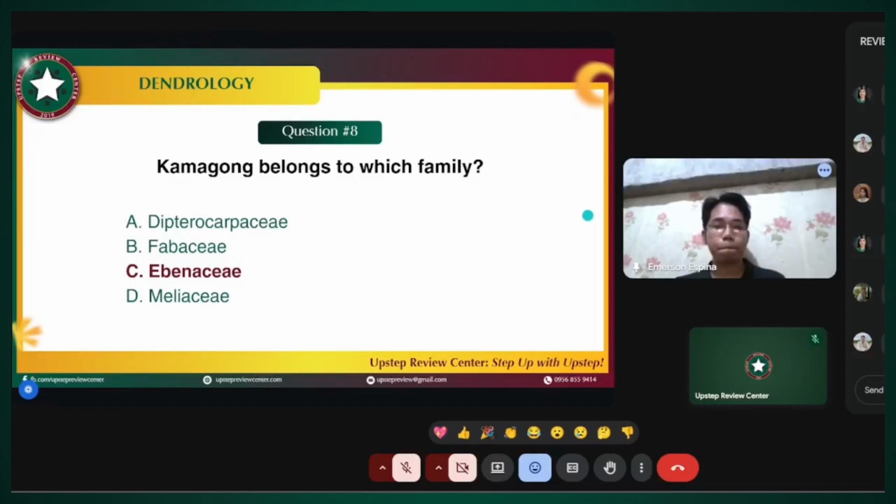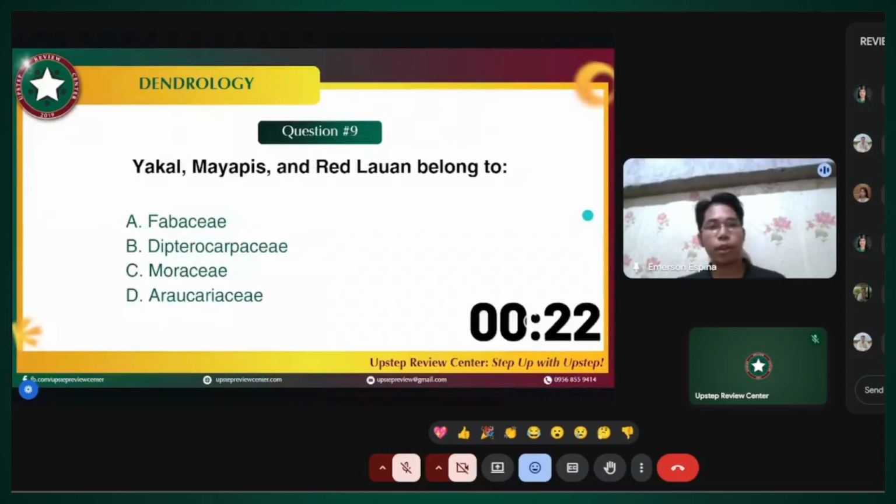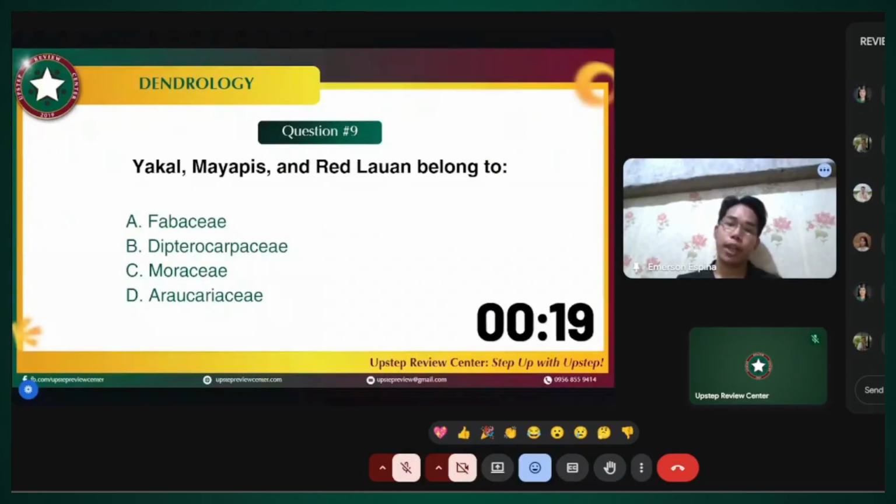And then moving forward, we have Yakal, Mayapis, and Red Lauan. They belong to which family? Ebenaceae, Dipterocarpaceae, Moraceae, or Araucariaceae? Okay.